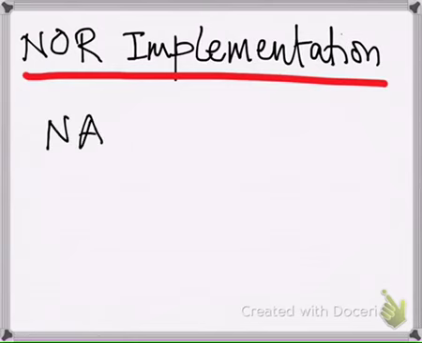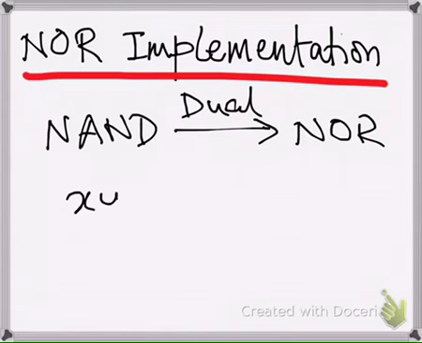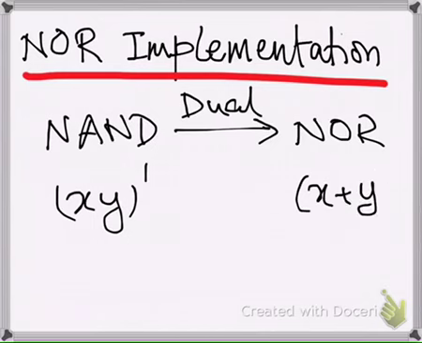So NAND is the dual of NOR, isn't it? So x, y dash, and this is what x, y dash.